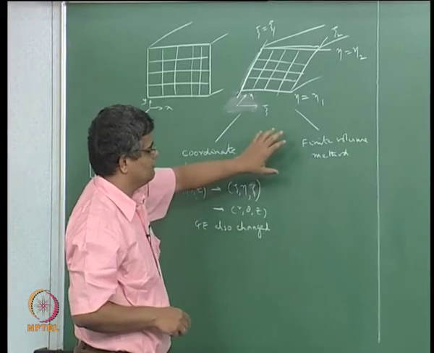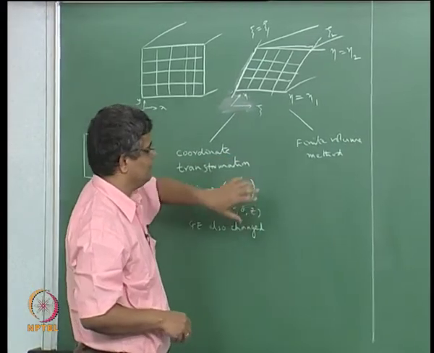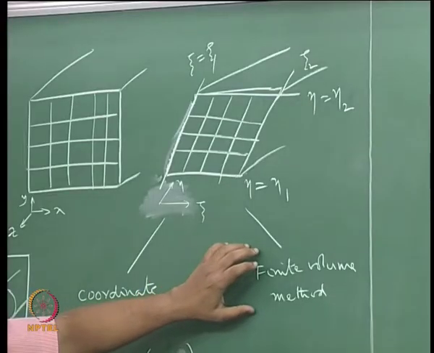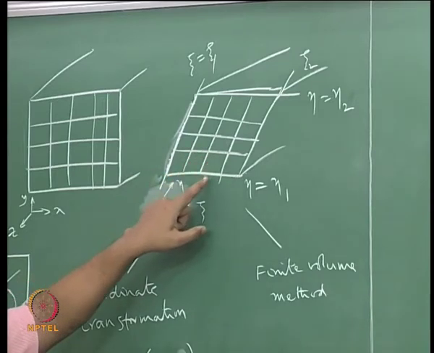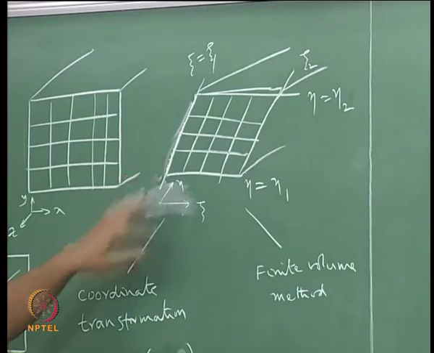So the finite volume method is much more flexible. It does not enforce on you that you must have a structured grid, for example, with 4 faces in a two-dimensional coordinate system.